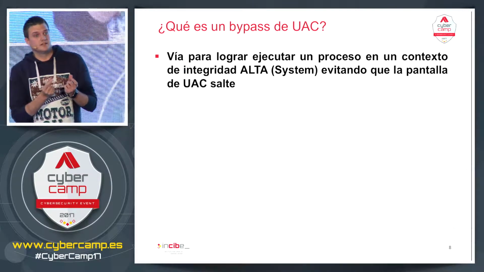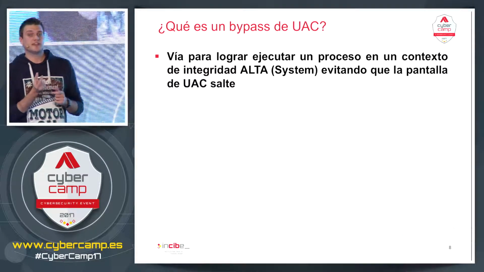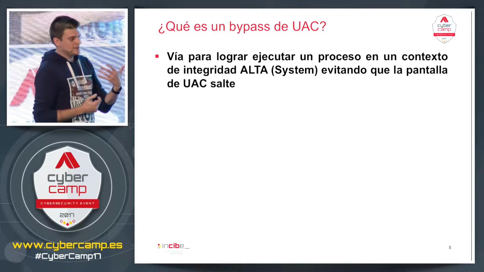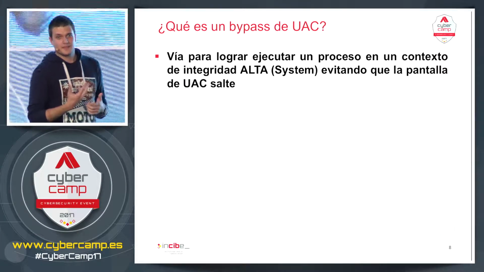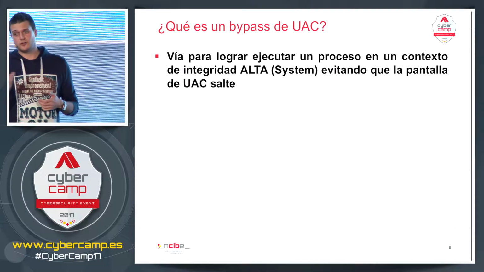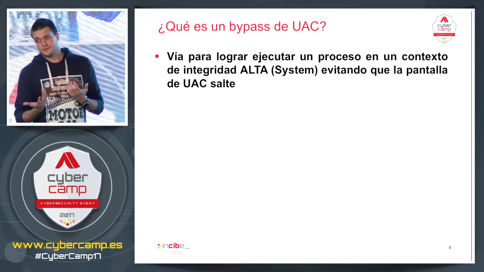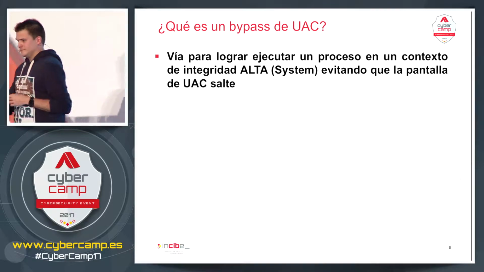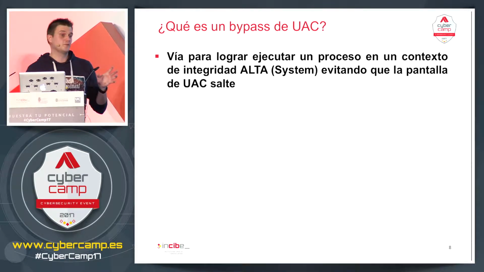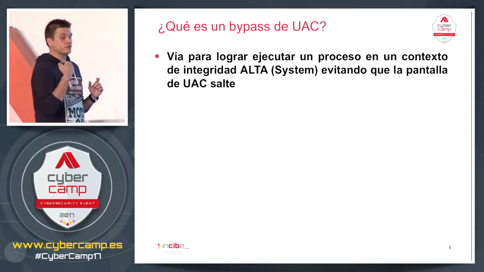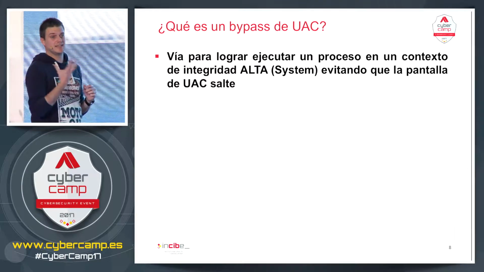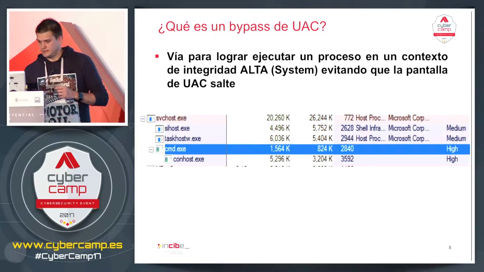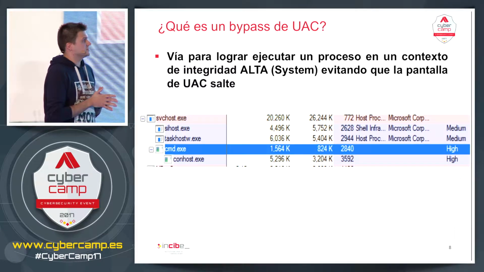By interacting with them, I have them run the code I'm interested in, in a high integrity context. So the UAC bypass is precisely this: to run whatever I want without having the UAC jump up on the screen.